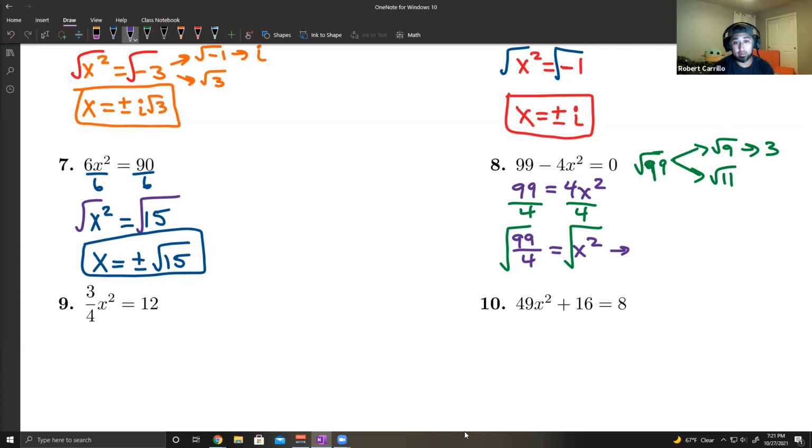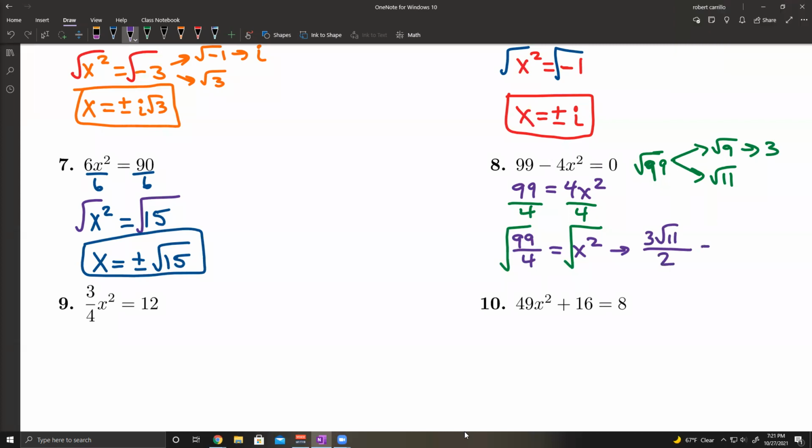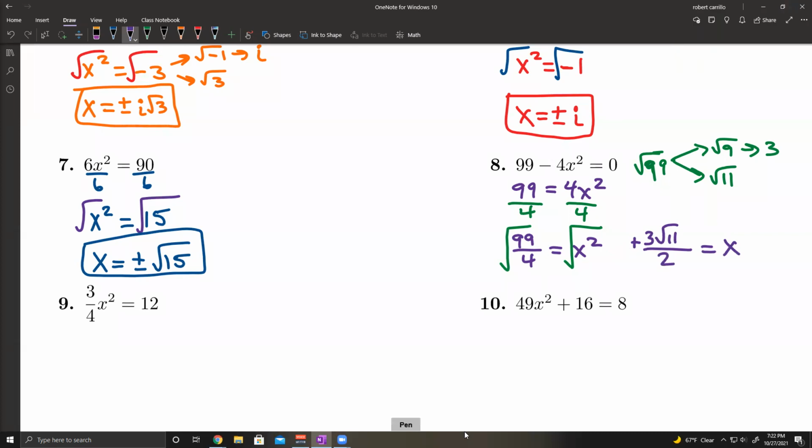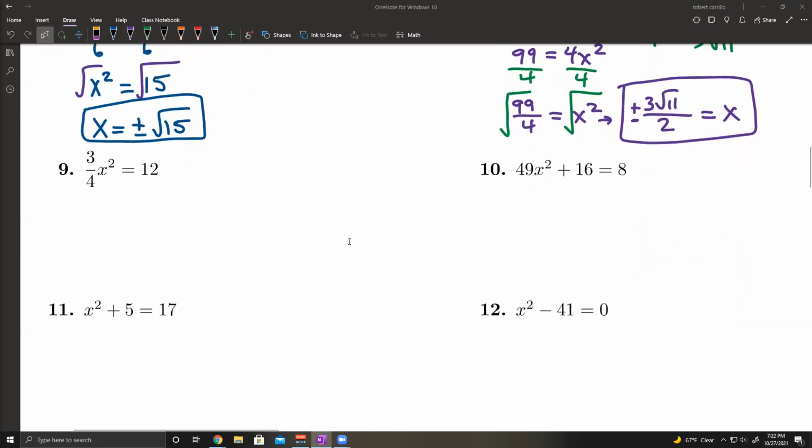So now we know that 99 breaks into 3 square root 11 over, and what's the square root of 4? 2. There you go. Of course, don't forget your plus or minus. All right. Cool. All right, let's keep it going.